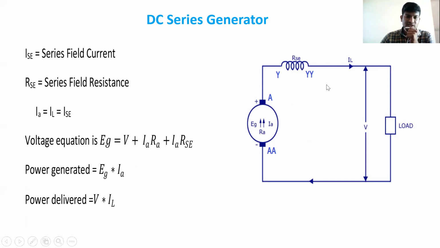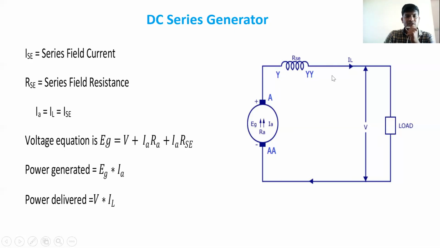In this series connection, IA equals IL equals ISE, so the currents are the same. The voltage equation is V plus the internal armature voltage drop IA RA, plus the series field voltage drop. Power generated is EG into IA, and load power delivered is V into IL. Okay, this is the DC series generator.